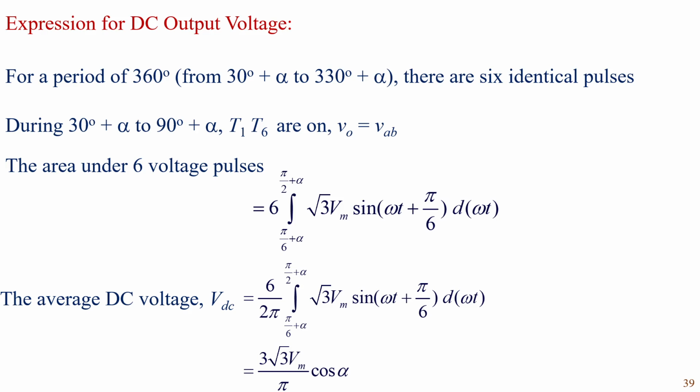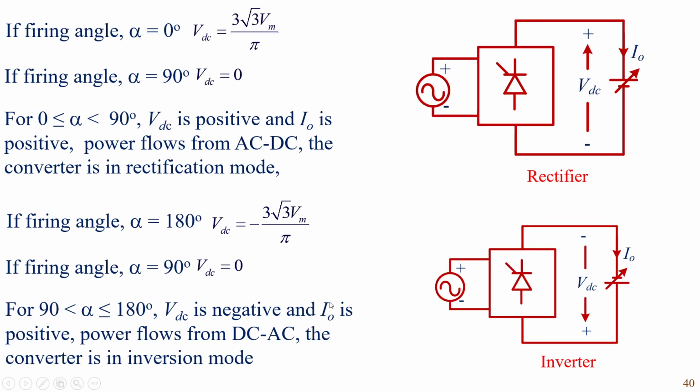The area under 6 voltage pulses can be given by this expression: 6 times the integral from pi by 6 plus alpha to pi by 2 plus alpha of VAB d omega t. The average DC voltage equals area by time period, so 6 by 2 pi times this expression. And the final expression is 3 root 3 Vm by pi cos alpha.